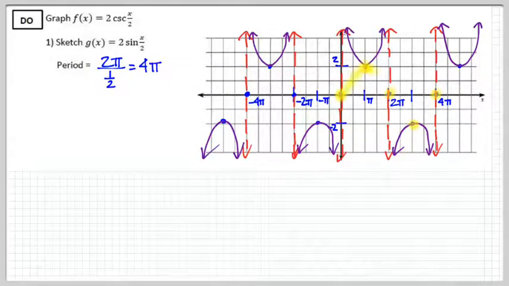Normally I would connect these up and make a nice little sine wave, but instead I just opted not to do it in this case. I used the points as a way to draw my asymptotes here. These are where my zeros are, so I draw my asymptotes there, and then I have my min and max, which then allows me to sketch in the U shape. And so that's how I would normally do it for cosecant and secant types of graphs.